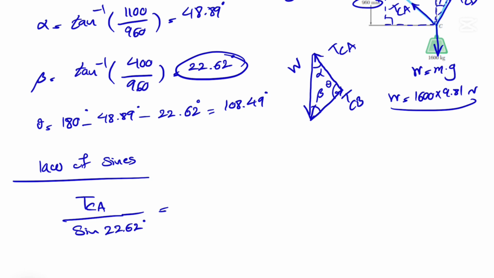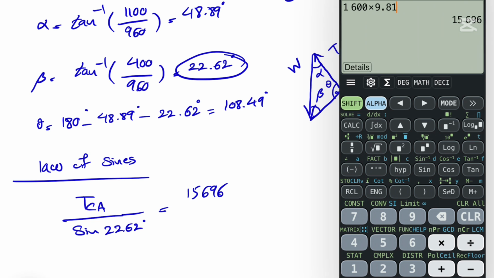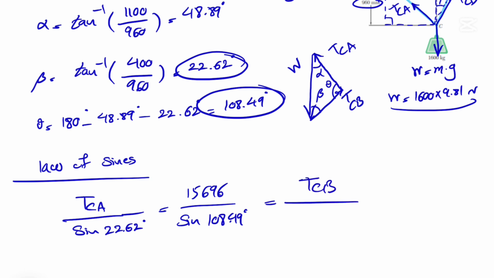Let's calculate that: 1600 times 9.81 is 15,696, over sine of theta, 108.49 degrees, and this will be equal to TCB over sine of alpha, which is 48.89.